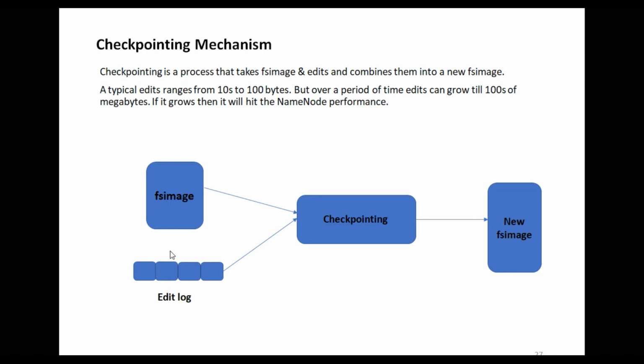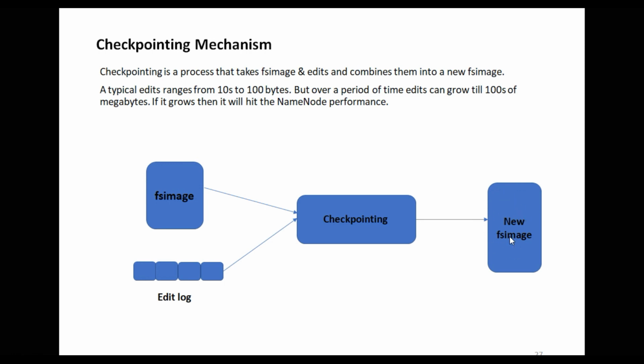If new operations keep growing, and the name node goes down, we have a backup of the FS image in the secondary name node, but we don't have any backup of the edit logs. So to avoid that situation, after some time we need to merge these two, FS image and edits, and that operation is called checkpointing. We merge the two and create a new FS image.